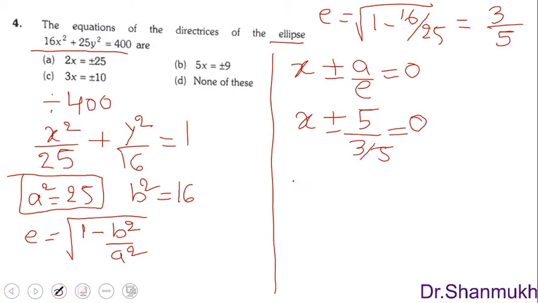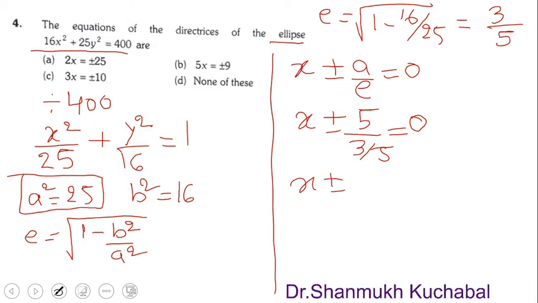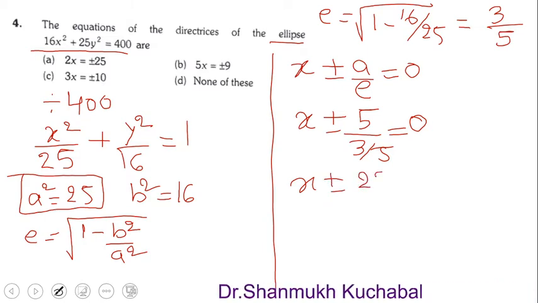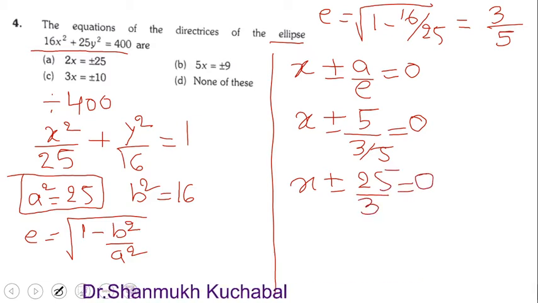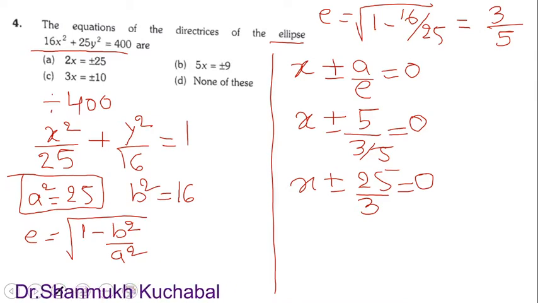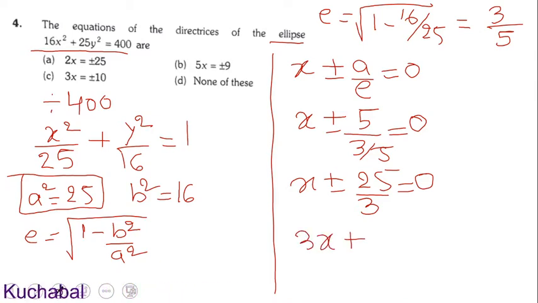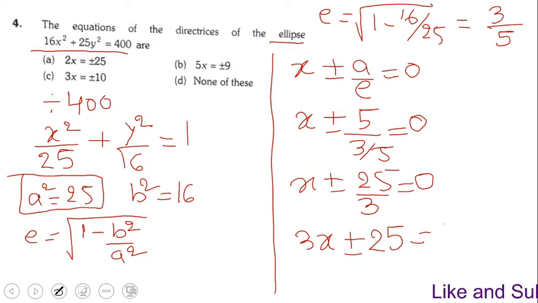We simplify: the 5 transposed to the numerator, 5 into 5 is 25 divided by 3, equal to 0. Then we multiply the entire equation by 3, so we get 3x plus or minus 25 equal to 0, as the 3 cancels.